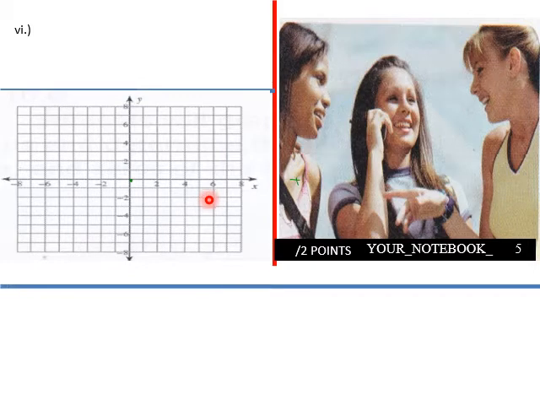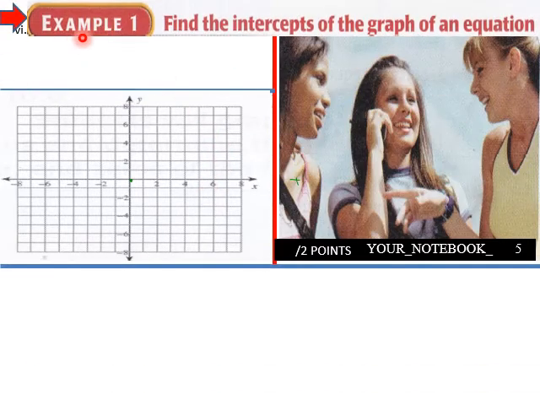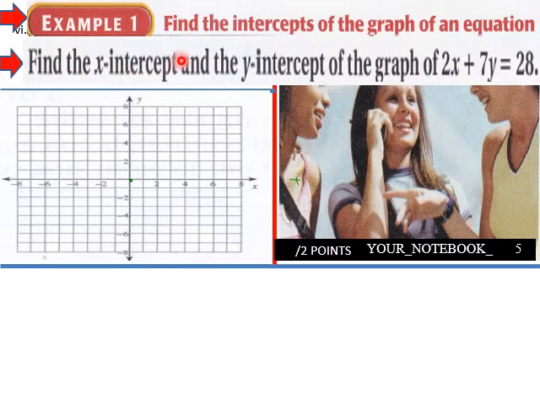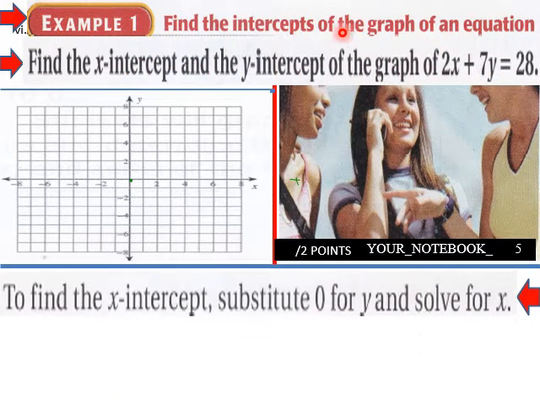Okay, so what we have here is find the intercepts of the graph of an equation. Find the x-intercept and y-intercept of the graph of 2x plus 7y equals 28. To find the x-intercept, substitute 0 for y and solve for x.